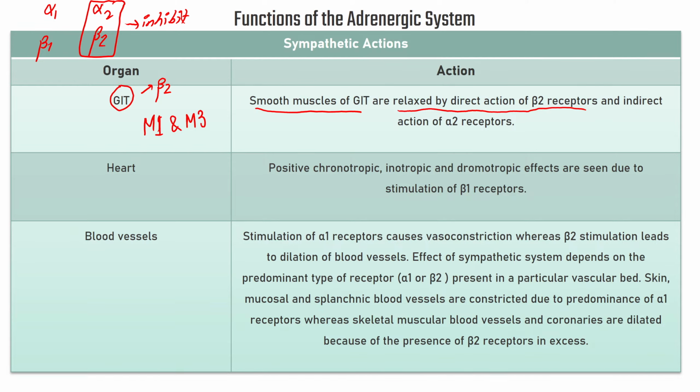M1 और M3 क्या कर रहे थे? They were causing HCl secretion, constricting the GIT muscles, which led to peristalsis. M1 और M3. यहाँ पर beta 2 and alpha 2 both they will relax the GIT muscles.